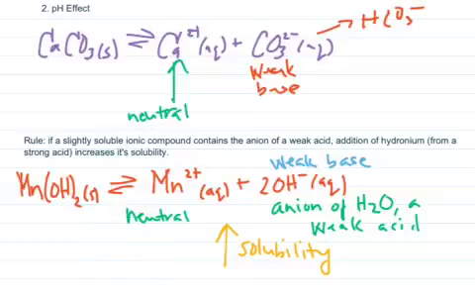So again, when we increase the pH, we are increasing the base. So our ion concentration is increasing. That means we are shifting to the left and our solubility will decrease. Let's do one more example.